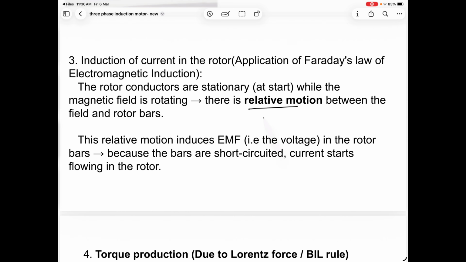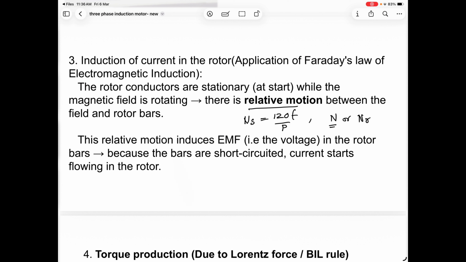We know the synchronous speed, the speed of the rotating magnetic field, Ns, is equal to 120 F by P, and the speed of the rotor is sometimes written as N or NR. So there is relative motion between the field and the rotor bars.